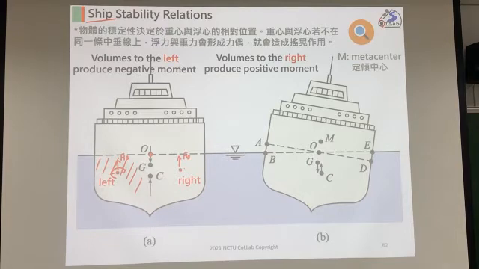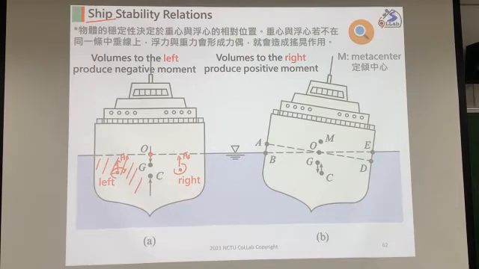In that case, the moment should be counterclockwise here. That's the sentence I show here: the volume to the right produces the positive moment, but the volume to the left produces the negative moment.